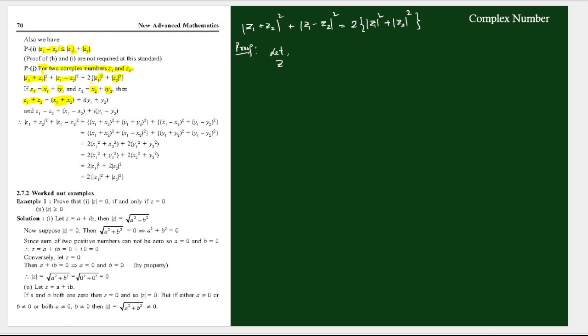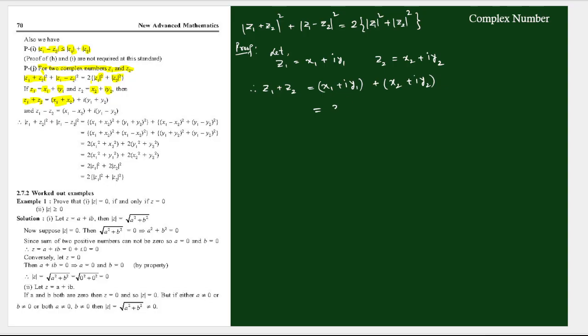Let z1 equal to x1 plus iy1. Then z2 will be your x2 plus iy2. So now we will do z1 plus z2: x1 plus iy1 plus x2 plus iy2.